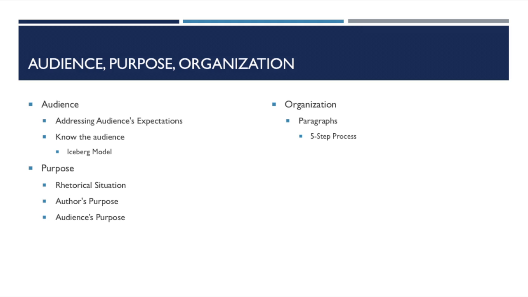So step 1 is to decide on a controlling idea and create a topic sentence. This idea will direct the paragraph's development as we write this. Step 2 is to elaborate on the controlling idea. So basically just continue to explain what this controlling idea and topic of the paragraph is going to be.